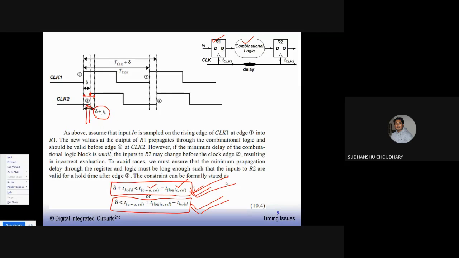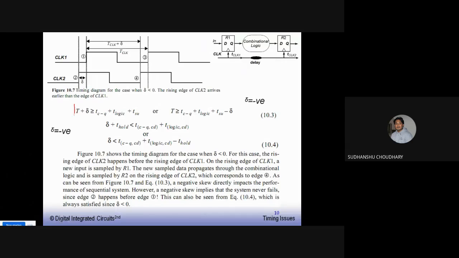That is, the propagation delay of combinational logic plus propagation delay of register 1 is greater than delta plus t hold, because delta is negative here, not positive. So I see that this equation is always true.